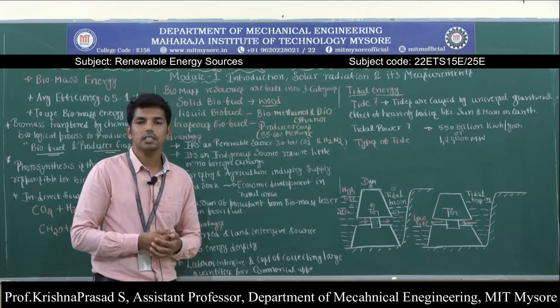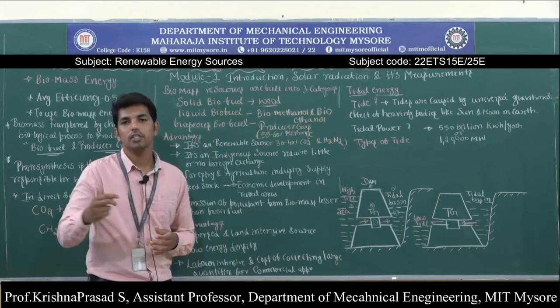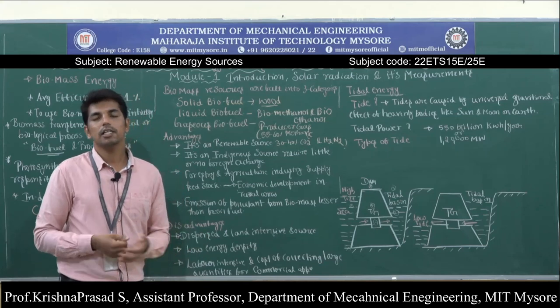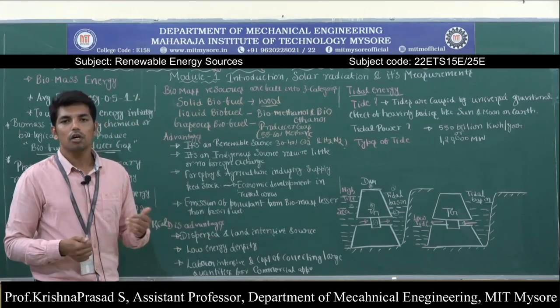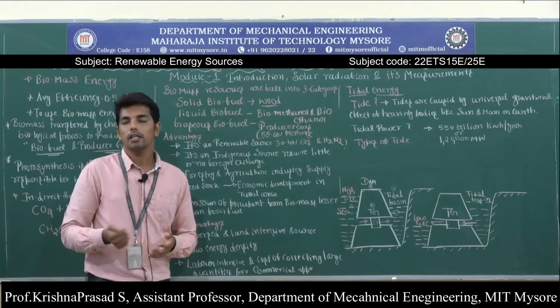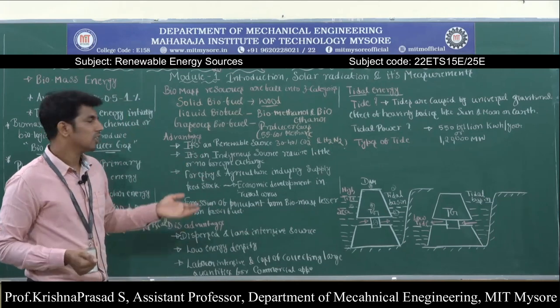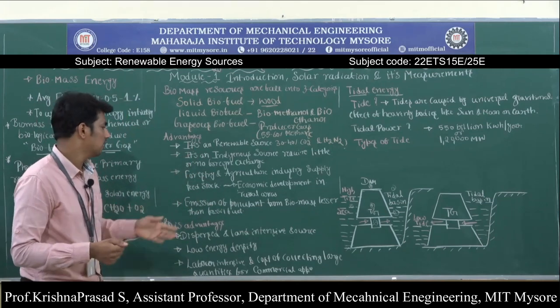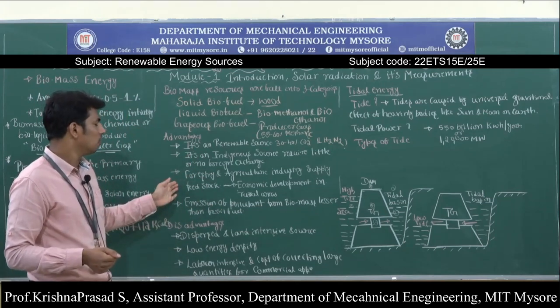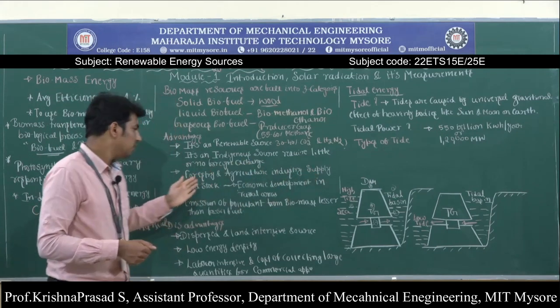For example, in wind energy, in order to harness the kinetic energy of the wind, we need to construct wind turbines. Similarly, in solar energy, in order to harness it, we need to use a lot of solar panels and photovoltaic cells. But there are no such requirements in the case of biomass energy. So next, very important one, it is called the forestry and agricultural industry, which supplies the feedstock.